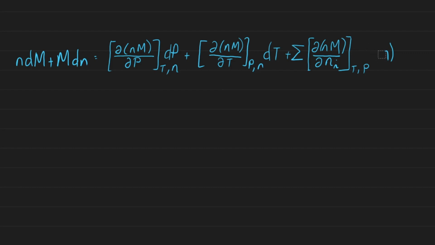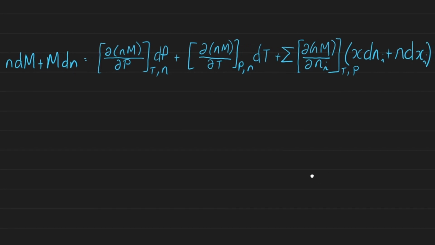So what this gives us is x_i dn plus n dx_i. Okay, let me just bring the screen a little bit more to the left so you can see it in its entirety.